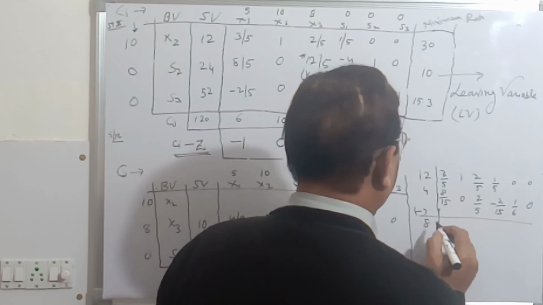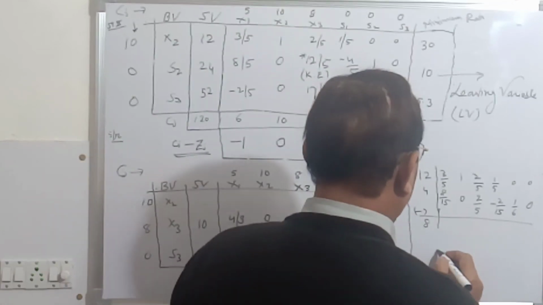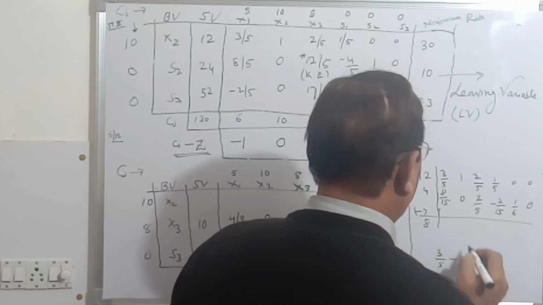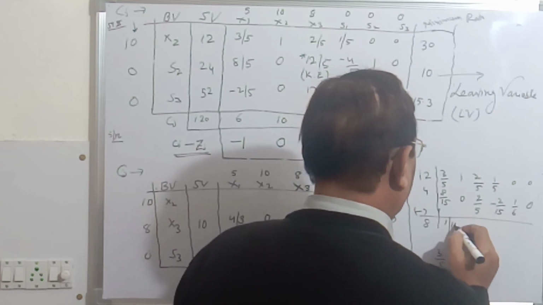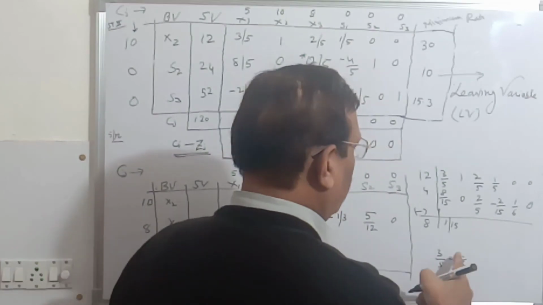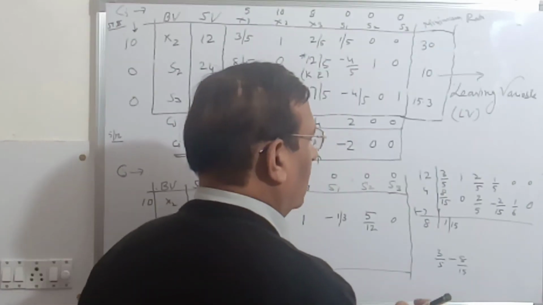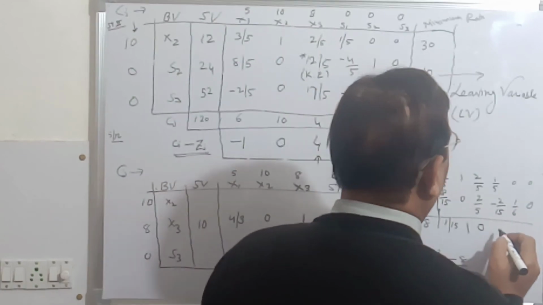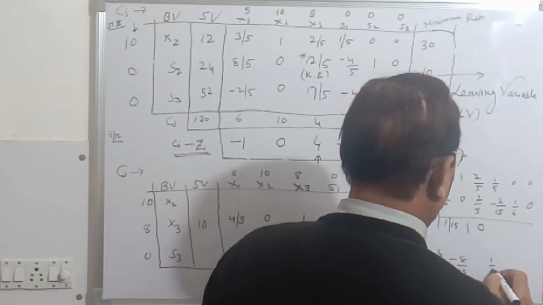Now 8, 3 by 5 minus 8 by 15, 1 by 15, 1, 0, 1 by 5.